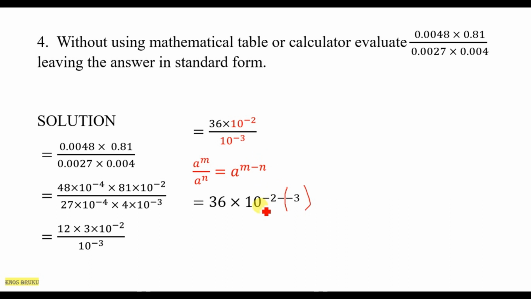So we have 36 times 10 exponent negative 2 minus negative 3, and minus negative becomes positive. Good.